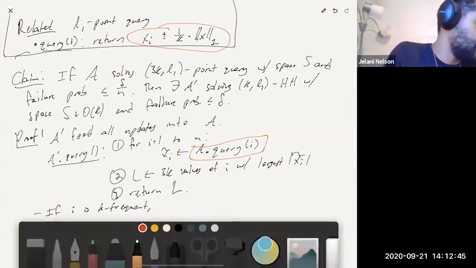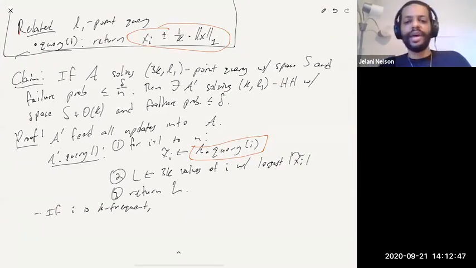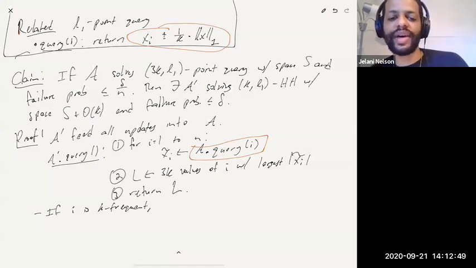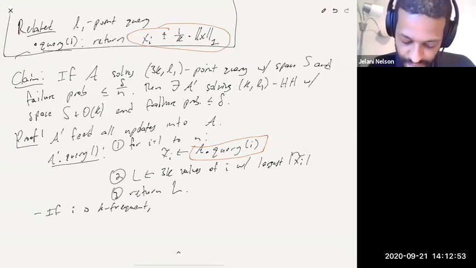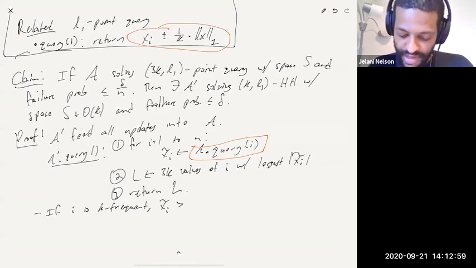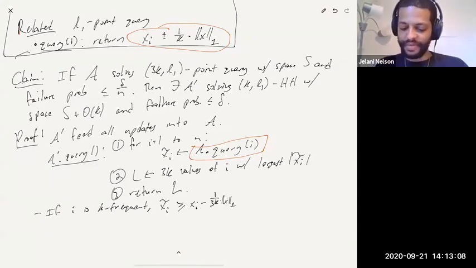So if i is K frequent, and we're conditioning on this event that none of the A queries failed, then what do I know? I know that xi tilde will be at least xi minus 1 over 3k times the L1 norm. But xi itself is bigger than 1 over k times the L1 norm.